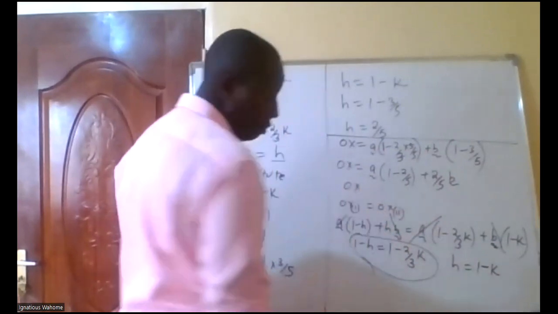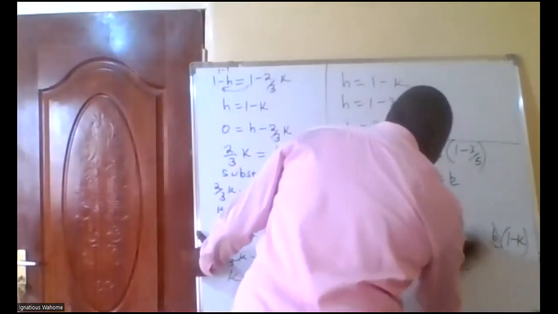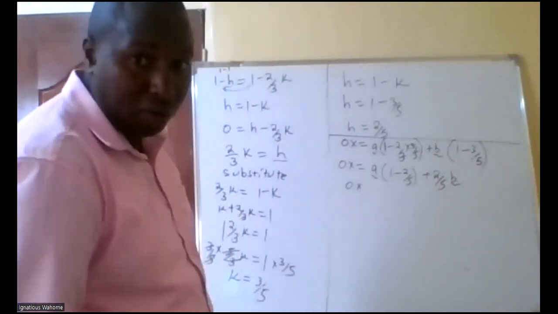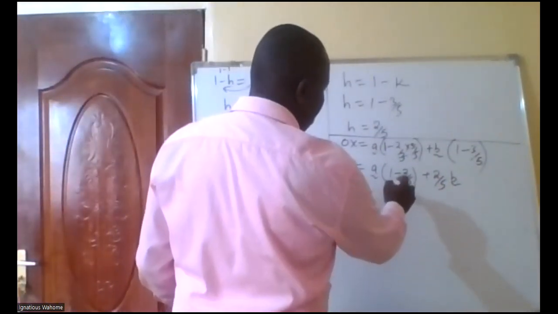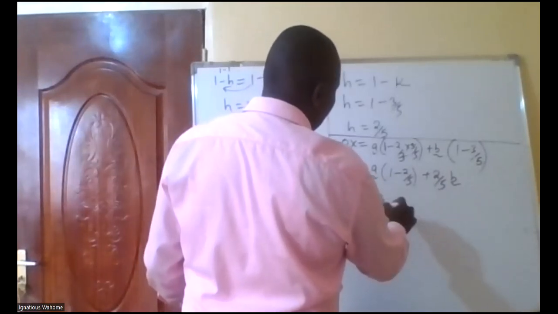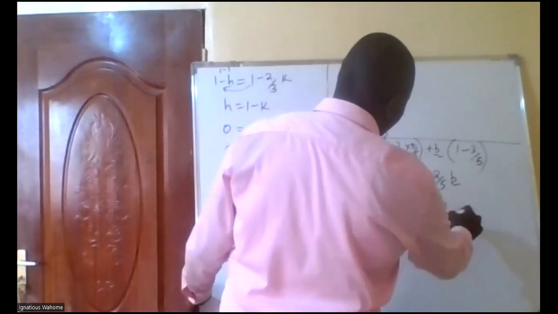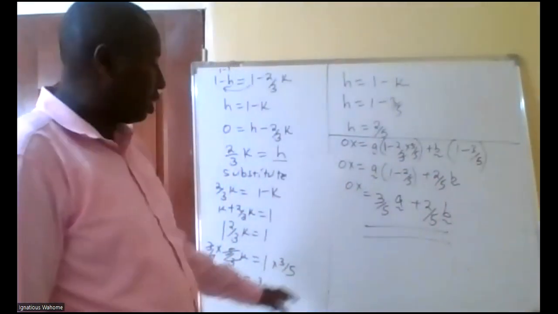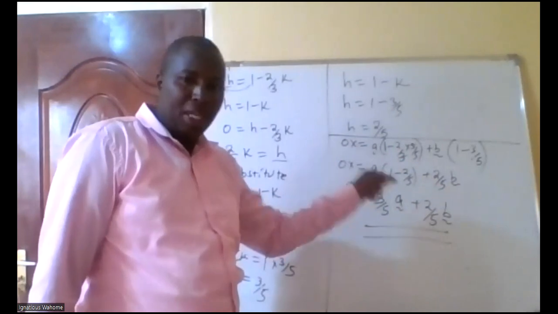So our value of OX is 3 over 5 of vector A plus 2 over 5 of vector B.